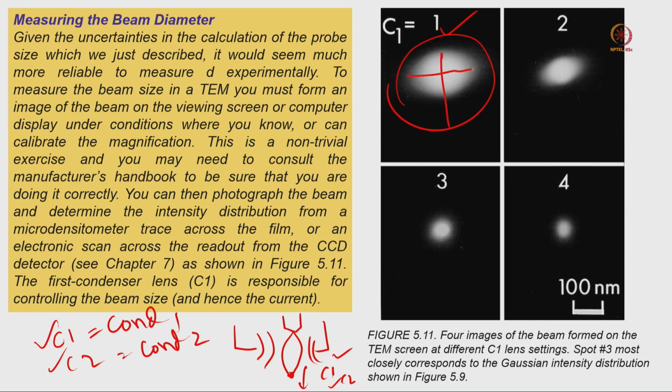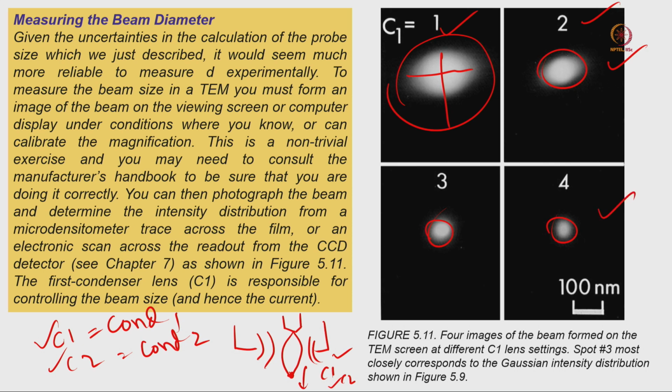But if we are using a slowly stronger magnetic field, the beam diameter will be shorter and shorter. So now the rest of the lenses are coming into the picture, which helps us to increase the intensity as well as reduce the beam diameter and so on.